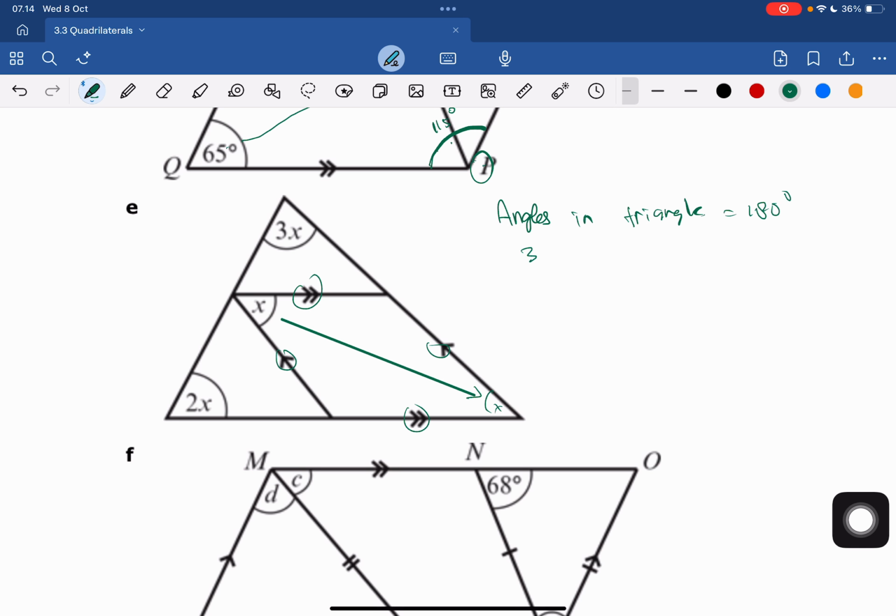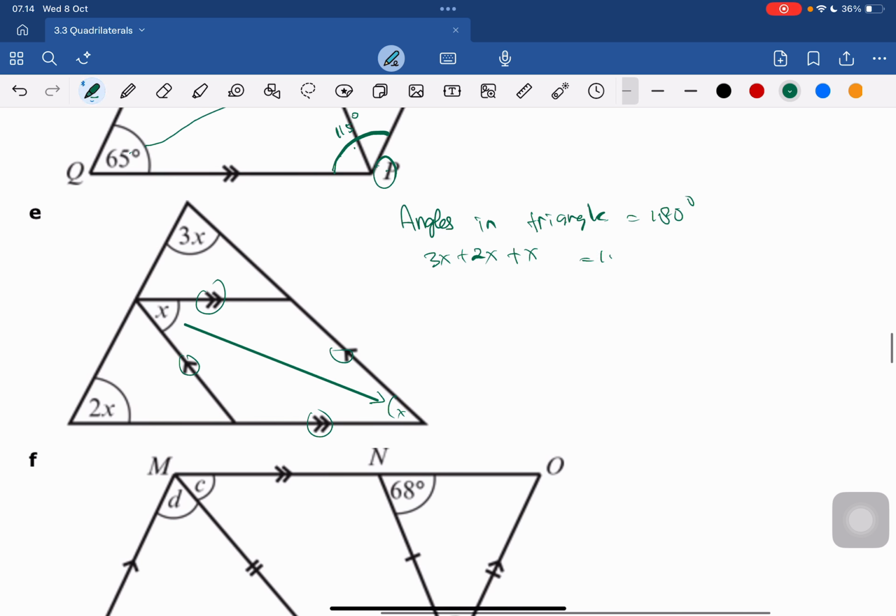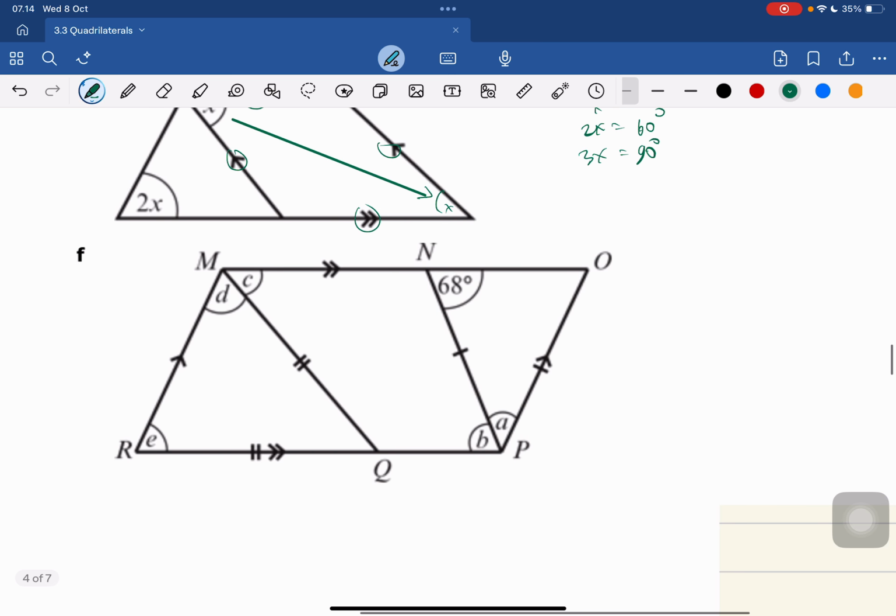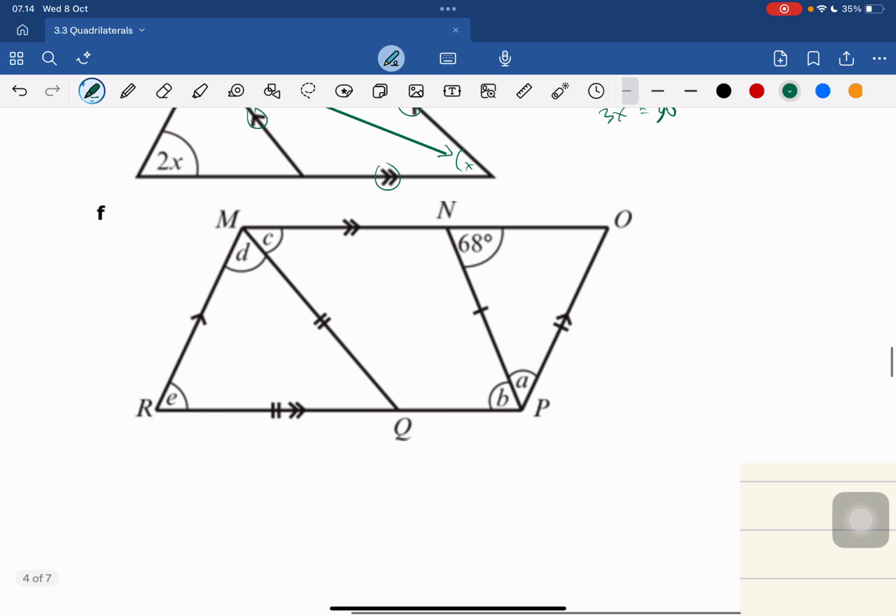So we get 3x plus 2x plus x equals 180 degrees. So this is going to be 6x equals 180 degrees. So x is 30 degrees, 2x is 60 degrees, 3x equals 90 degrees. Okay, there it is. Let's check it for M.